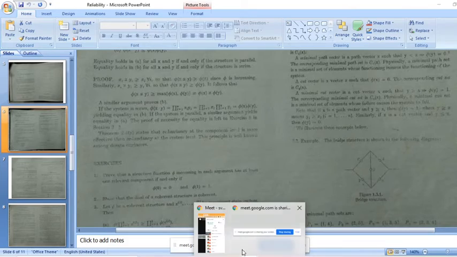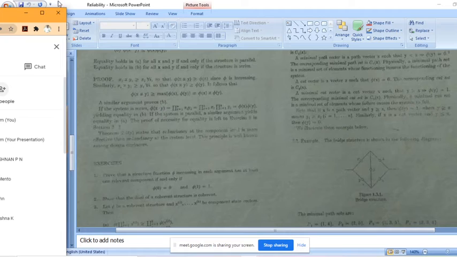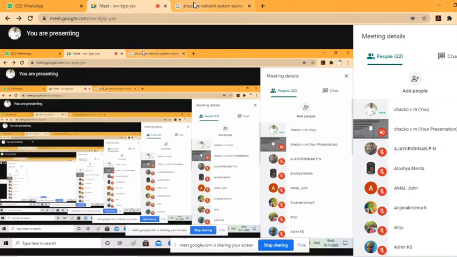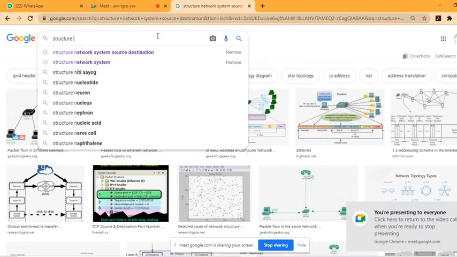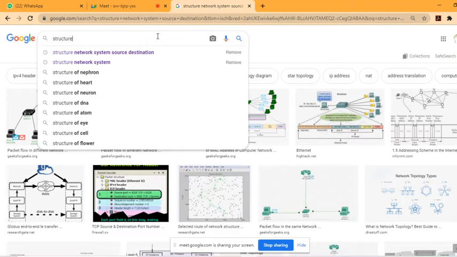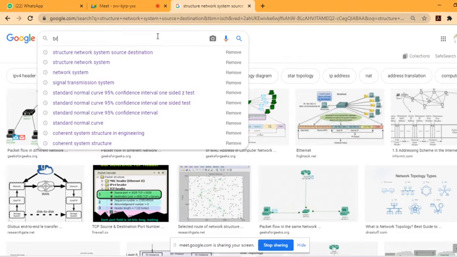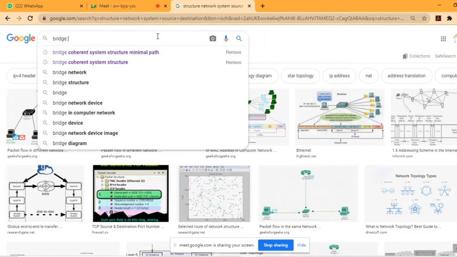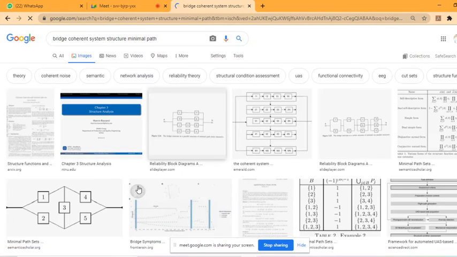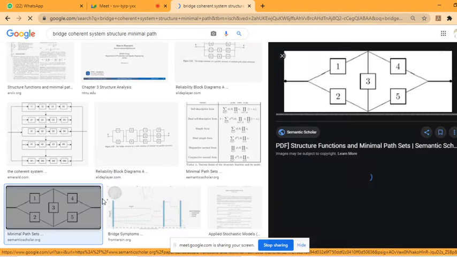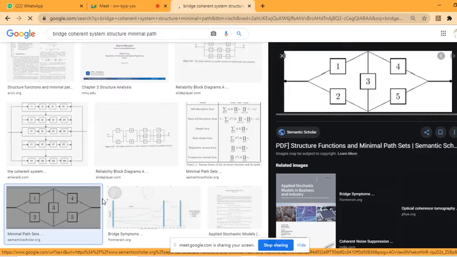I think we can see it in Google. This is a typical bridge structure.